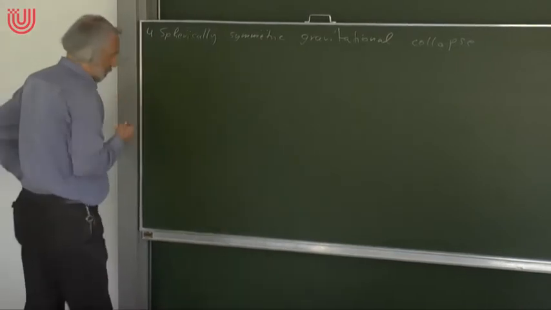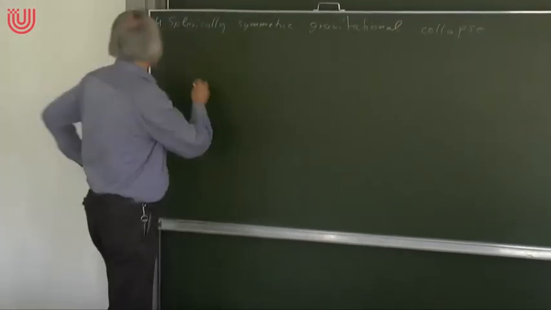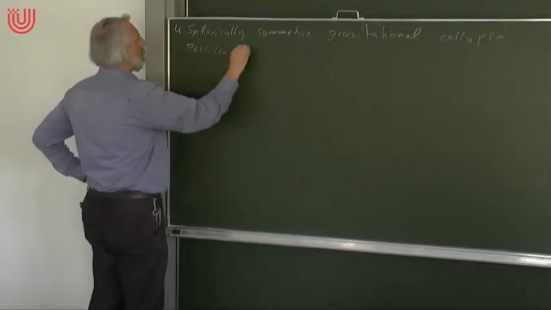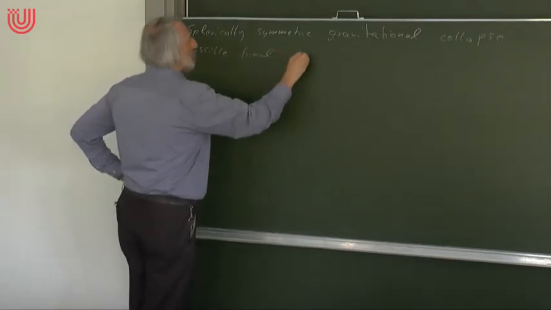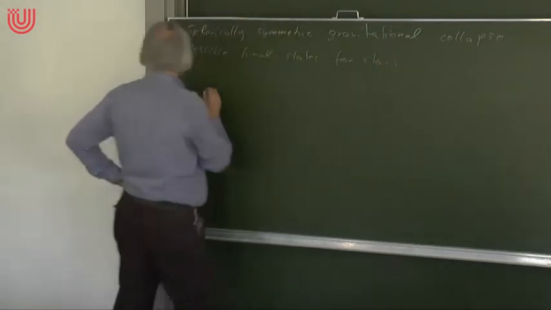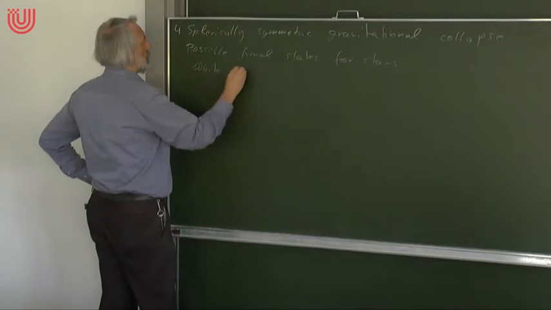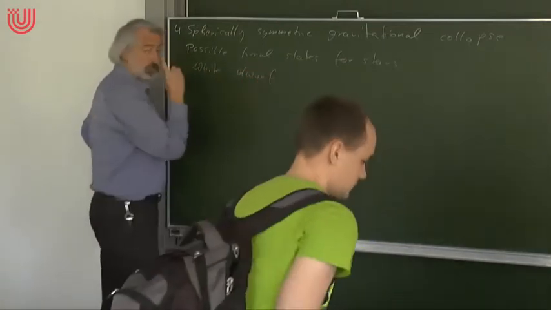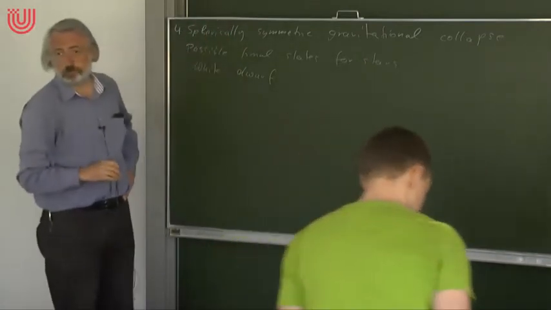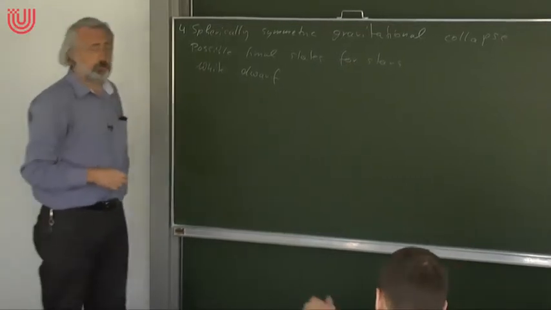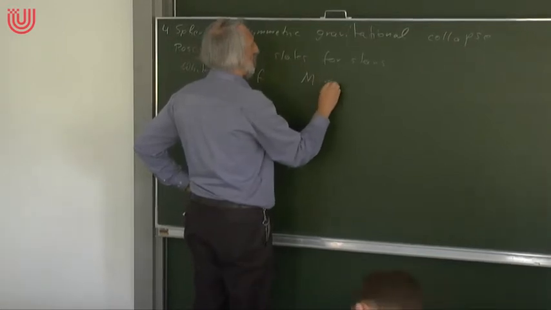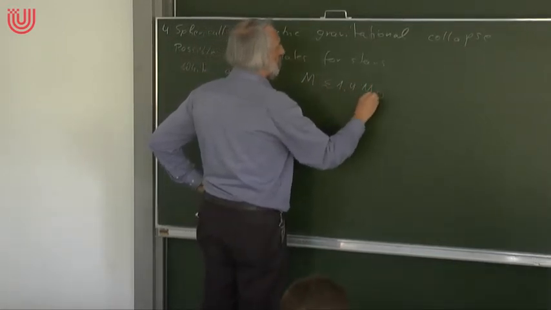So he found that a possible final state for stars, let me write here, possible final states for stars, is what we call a white dwarf, but that this is possible only if the mass of the thing is not bigger than a certain limit, which is called the Chandrasekhar limit, which is something like 1.4 solar masses. So the mass must be smaller than, or approximately, 1.4 solar masses.